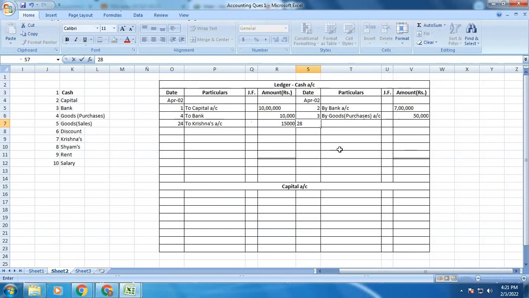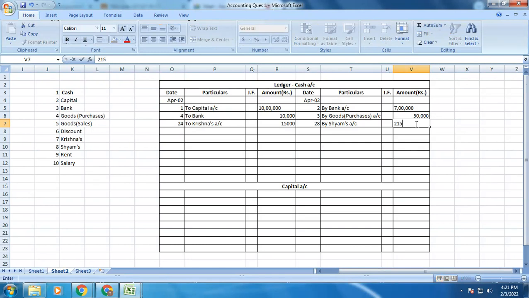So we write it on the right hand side or the credit side and we say by, and we write the name of the debit account, which is Sham's account. Now in the amounts column, you will write down the actual amount of credit in the cash account that you have shown in the journal.